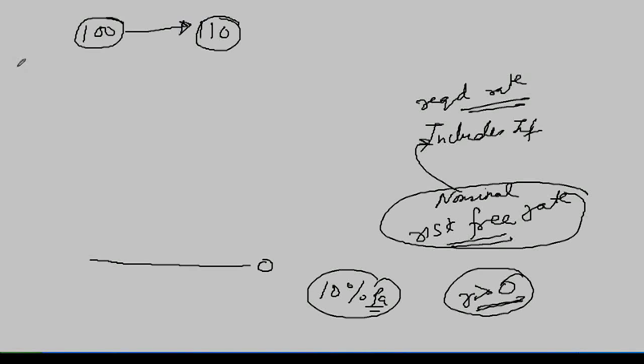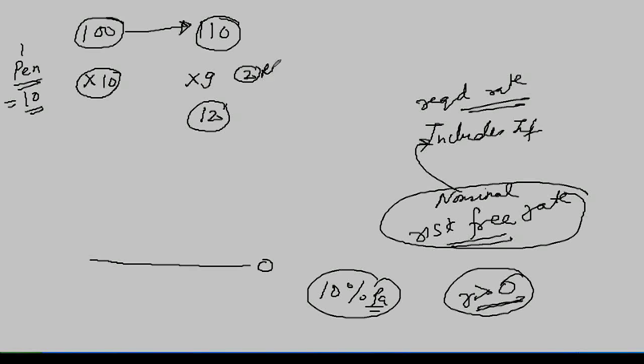Okay. Now let's say you are able to buy one pen. One pen is costing 10 rupees today. How many pens will you be able to buy? 10 pens, right? Now the price of the pen becomes 12 rupees after 1 year. With these 110 rupees, how many pens will you be able to buy? You will be able to buy 9 and you will be left with 2 rupees.